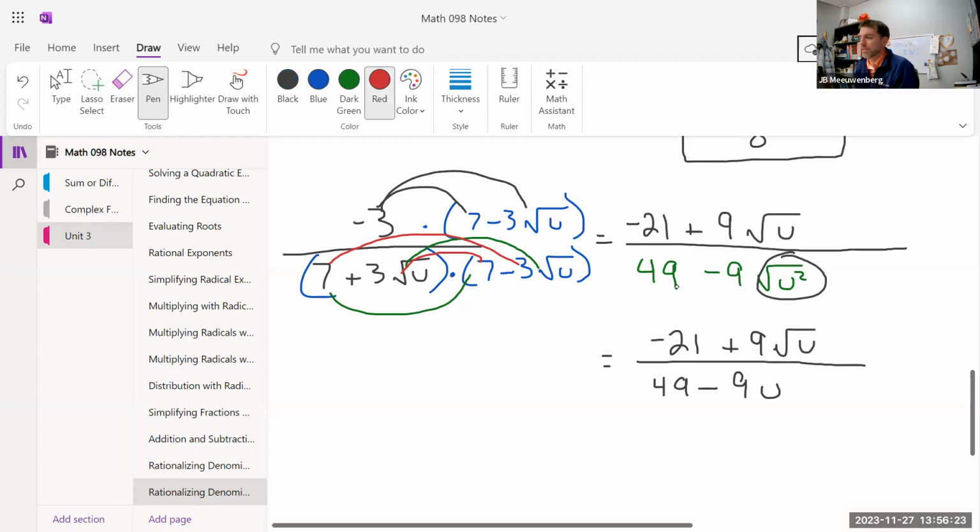We do have to scan this to see if there's anything we can factor out that could possibly cancel. I noticed in the numerator, I could maybe factor out a 3 from these two, but that wouldn't help me with the denominator because 49 and 9 don't have any common factors. There's no 3 inside of a 49. So we're actually done. There's nothing more we can do to simplify this one.